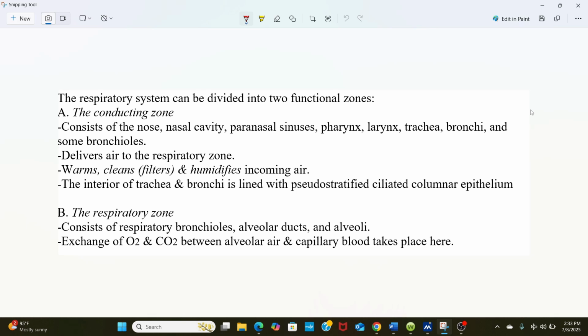It also humidifies the air, or adds moisture to it in the form of water vapor. These three functions are done by the pseudostratified ciliated columnar epithelium, which lines our trachea and bronchi.